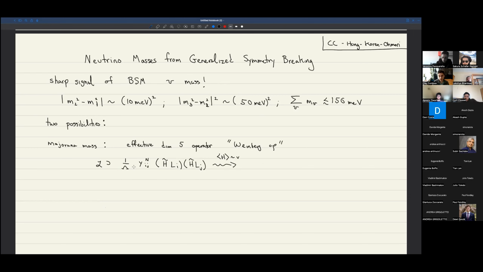So this interaction leads to a mass term that's like v squared over Λ, Y_ij ν_i ν_j. So this matrix Y_ij that we had before becomes the neutrino mass matrix.